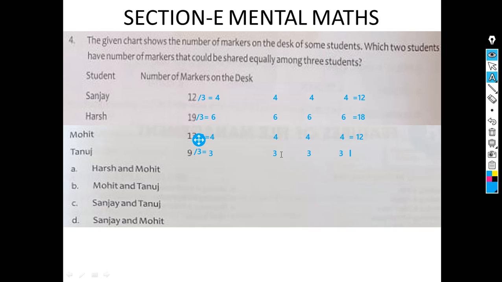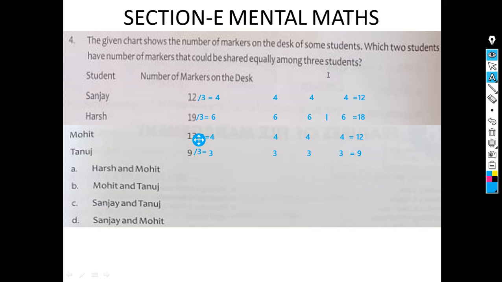And if we add this distribution, each student has got 3 markers, so if we add it, the result will again be 9. And the total markers that Tanuj has is 9, so 9 is equivalent to 9. This means Tanuj will be able to distribute the 9 markers among 3 students equally.